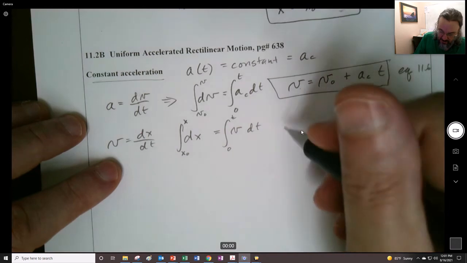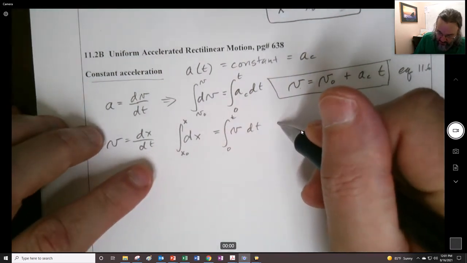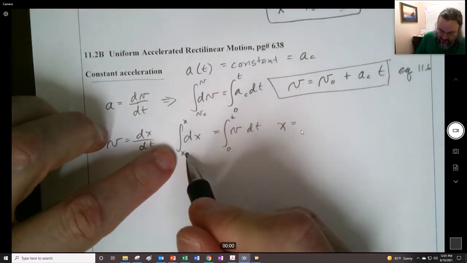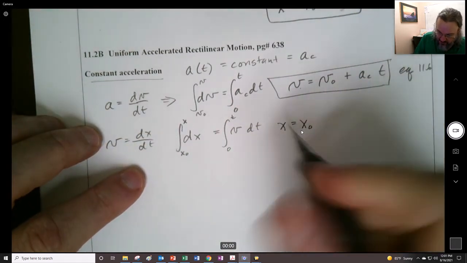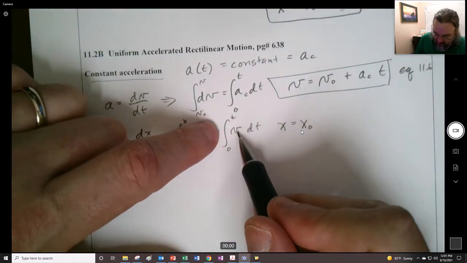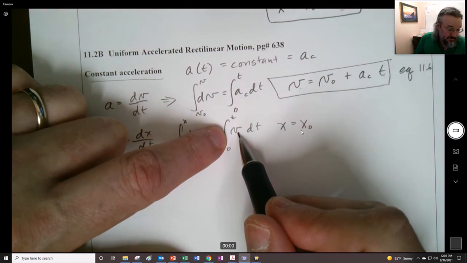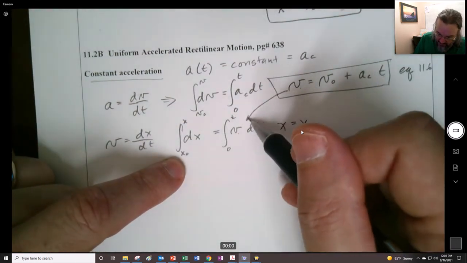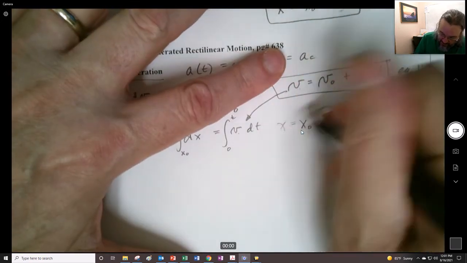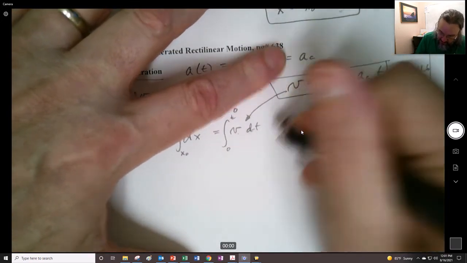And what we end up finding here, I'm going to bring this minus x over to the other side, and integrating this right here, oh, I needed to substitute that in. Okay, so let me not skip that step. Substitute it back in.